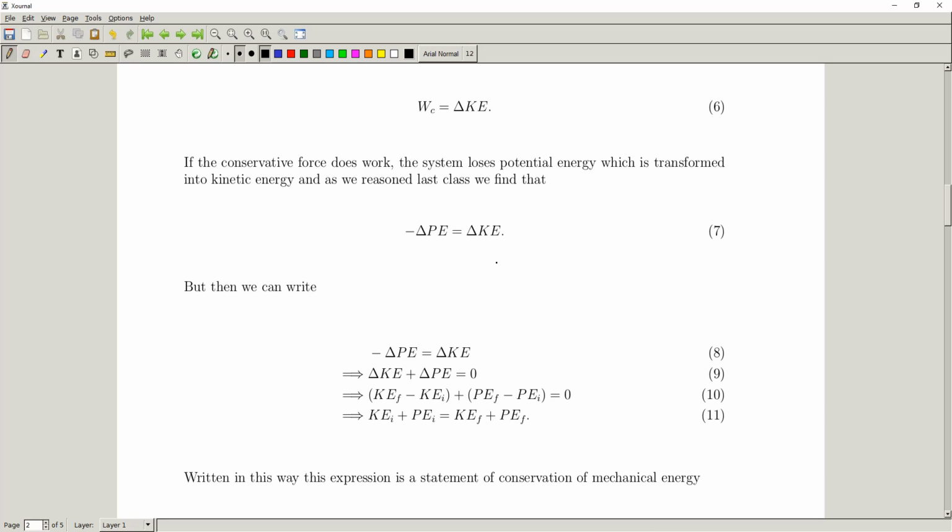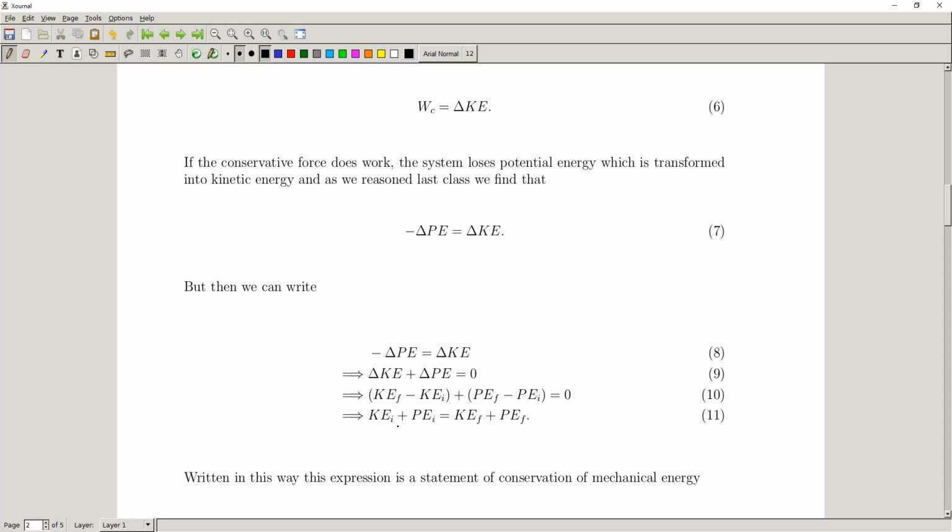And now we can break up this change in kinetic energy. So this is our change in kinetic energy broken up into final and initial kinetic energies, and this is our change in potential energy broken up into final and initial potential energies. And then I simply isolate the initial and final kinetic and potential energies on each side, right? So we end up with this equation that we see here.